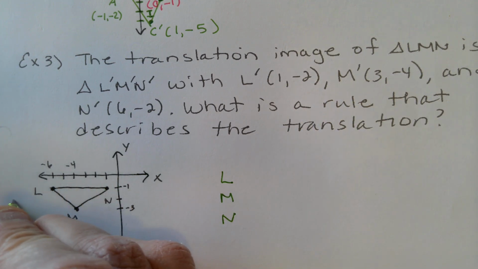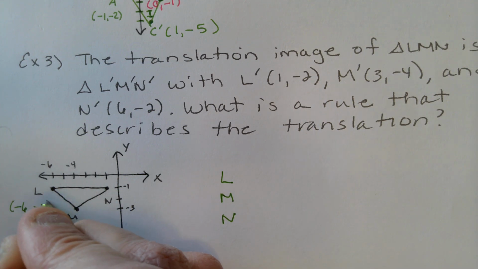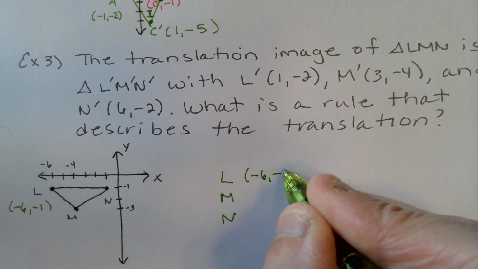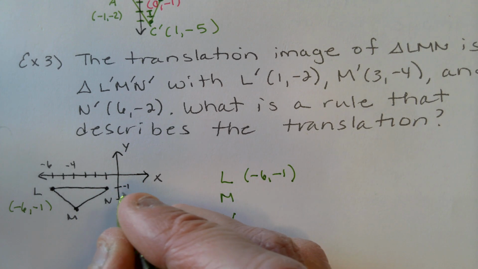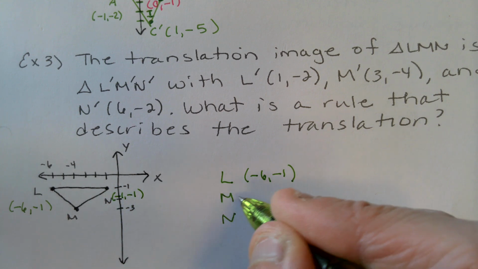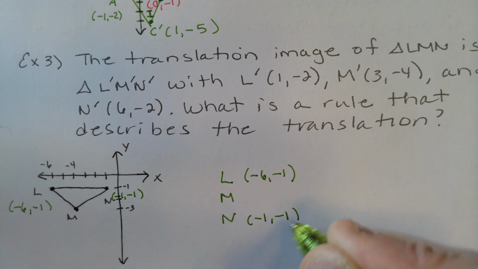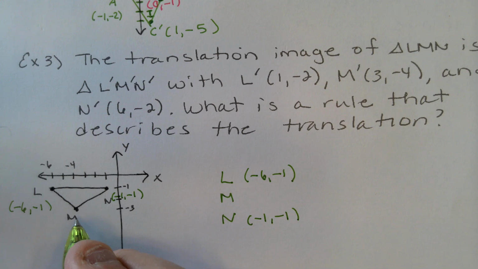So that looks like it's a -6, -1. And this one looks like it's -1, -1. And M is -4, -3.